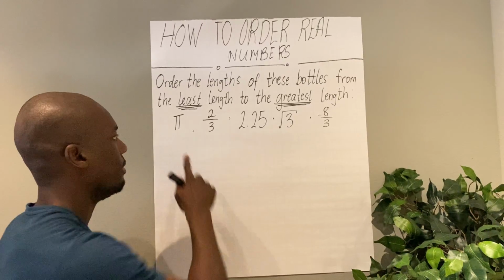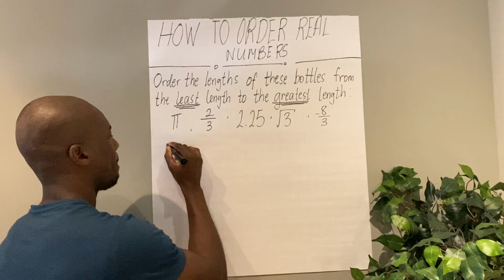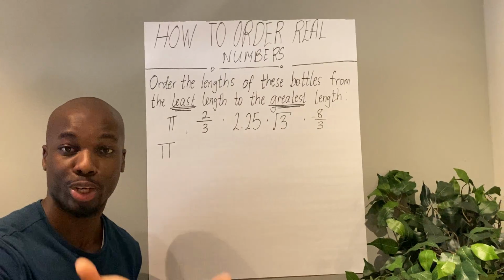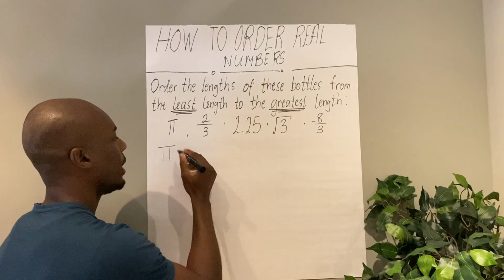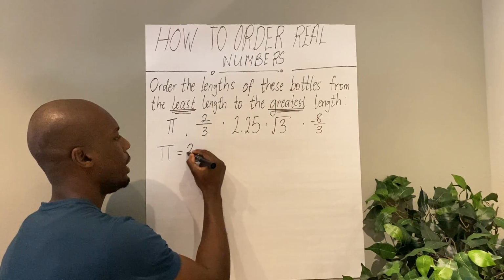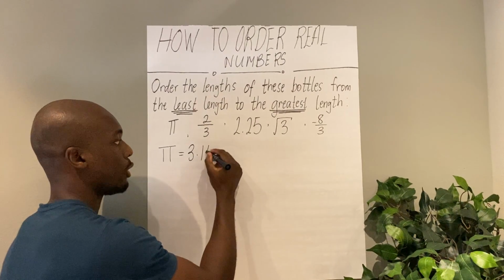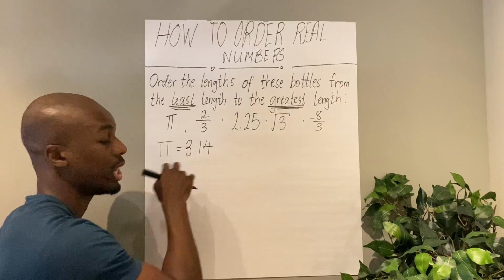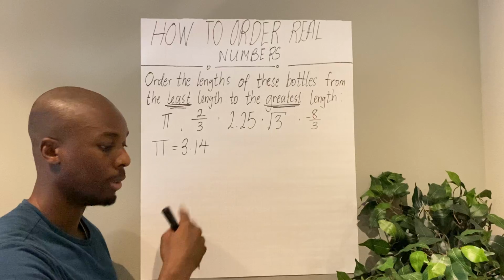So I'm going to begin with the very first one, pi in decimal, and you can use your calculator to do this, right? So pi is simply 3.14. If you put this in the calculator, it should give you a really long number, which you can approximate as 3.14.